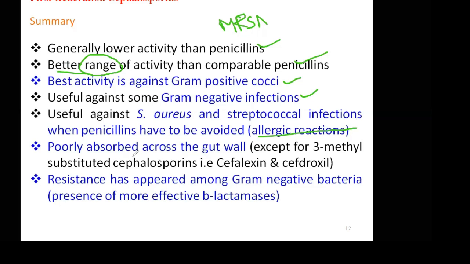Why? These are poorly absorbed, except for the 3-methyl groups. Then resistance nowadays, no, these are very good drugs for gram positive.